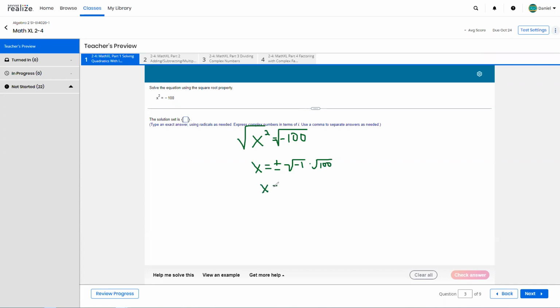So I'm going to get x equals plus or minus i, the square root of -1 is i, and then the square root of 100 is 10. So then x is going to equal plus or minus 10i. So x equals 10i and x equals -10i.